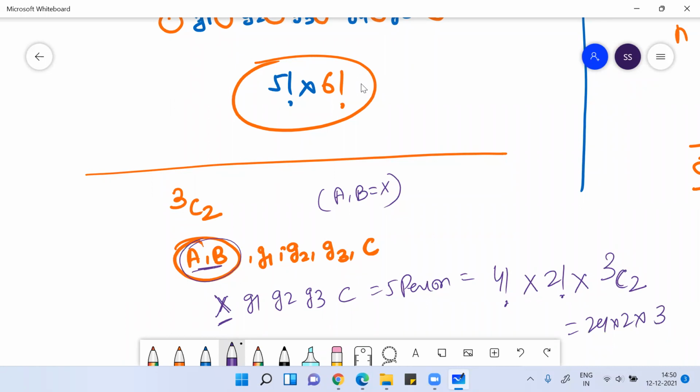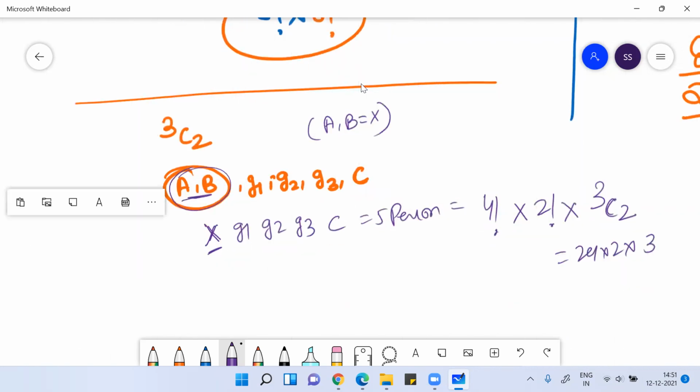One minute. What answer is given? Only two and only two of the ladies sit together. The number of ways they are seated at a round table so that any two and only two of the ladies sit together. Okay, they sit together. Then C should not come here, no?